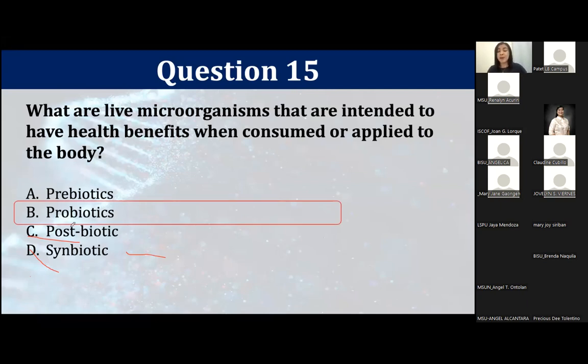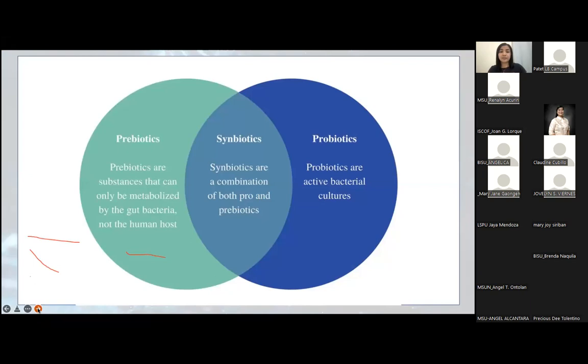When we say probiotic, nainom kayo ng Yakult, probiotic is a live microorganism. So Yakult is just an example of a food that has probiotics. Tandaan ninyo, class, pag sinabi natin prebiotic versus probiotic, prebiotic is usually plant-derived.